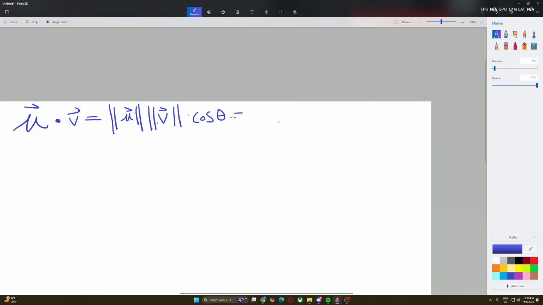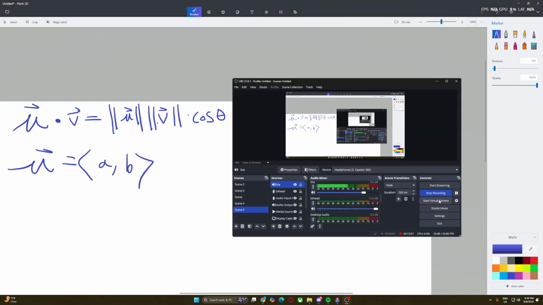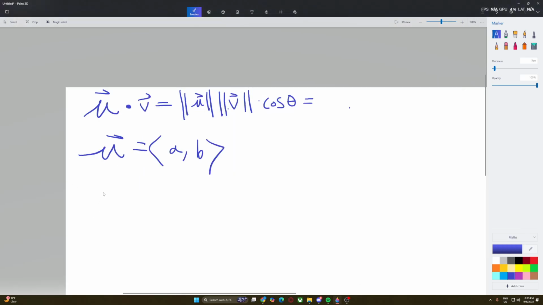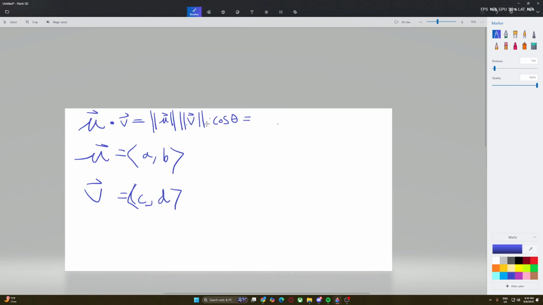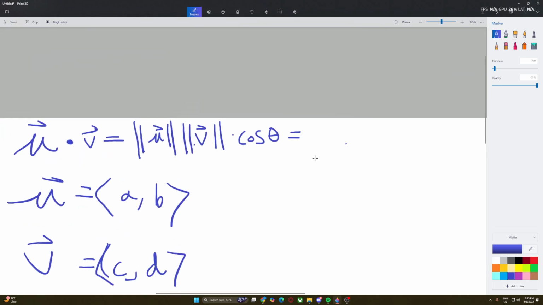Say u is a 2D vector, a and b, and v is the vector c, d. Then u dot v would equal ac plus bd.